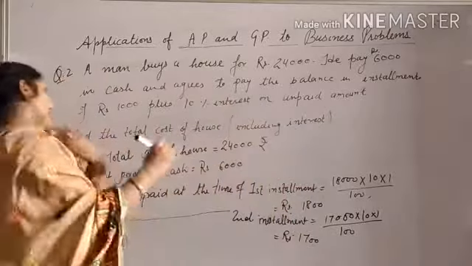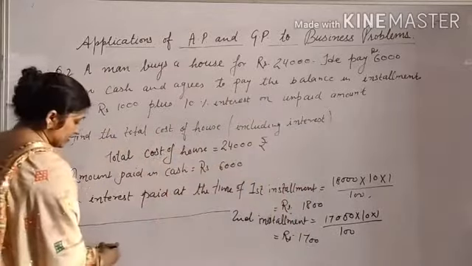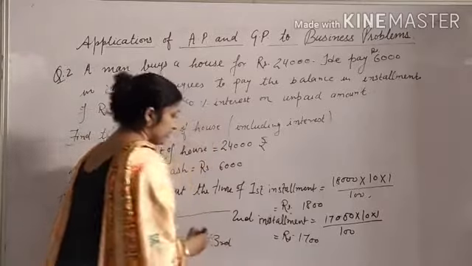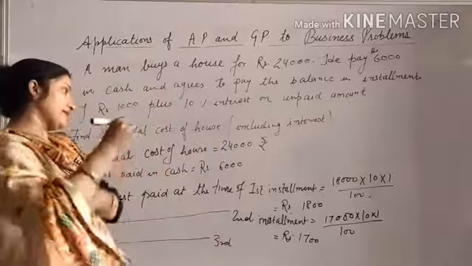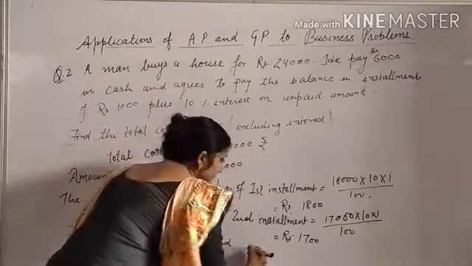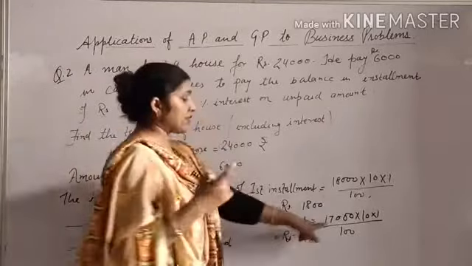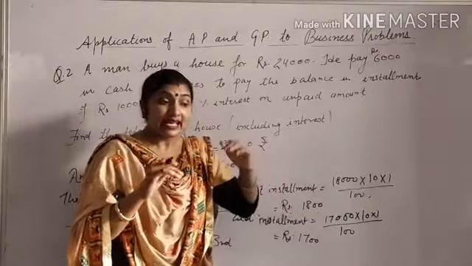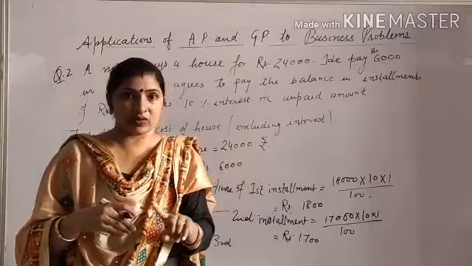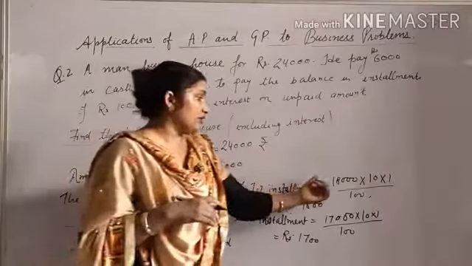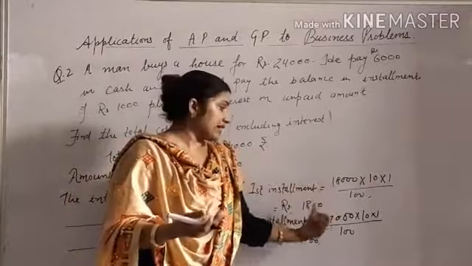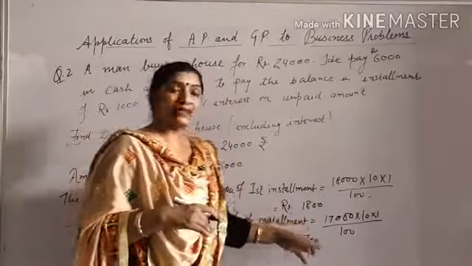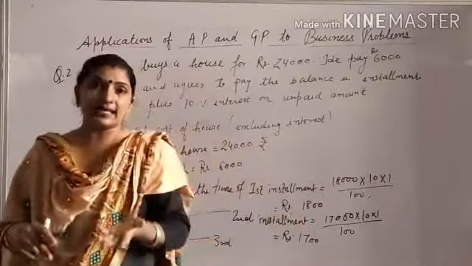Now the interest paid at the time of the third installment. The unpaid amount is 17,000 minus 1,000. See, he always pays rupees 1,000 out of the first 18,000, then the remaining amount is 17,000, then he pays again 1,000 and the unpaid amount is 16,000.